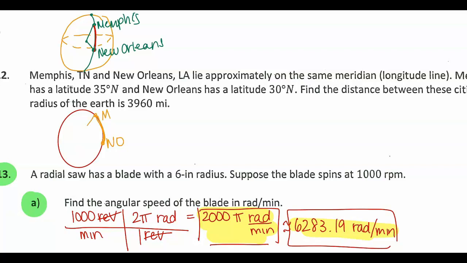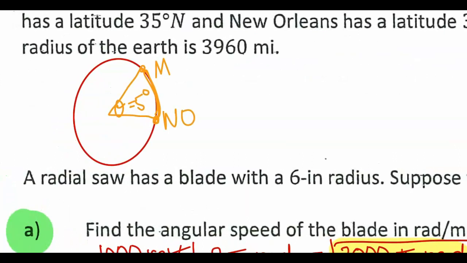So the central angle would just be between the 35 degrees and the 30 degrees. Well, 35 minus 30 is just going to give me 5 degrees. That's your angle. The last thing I need is to identify where your radius is. The radius is 3,960 miles.